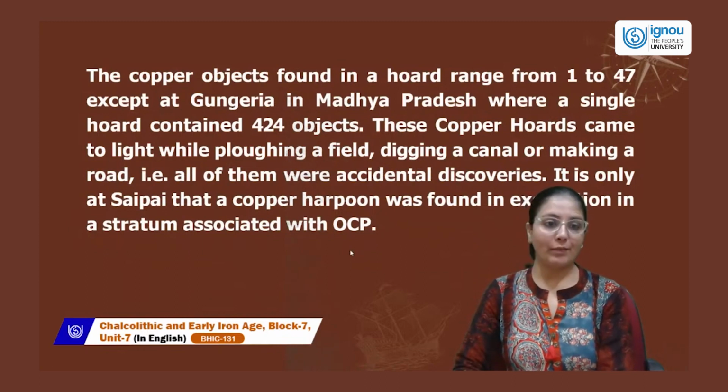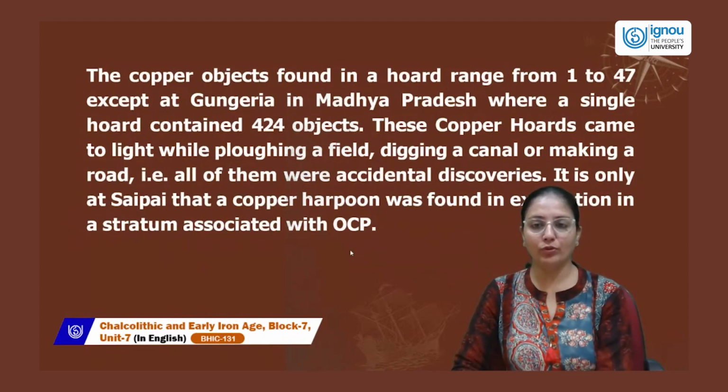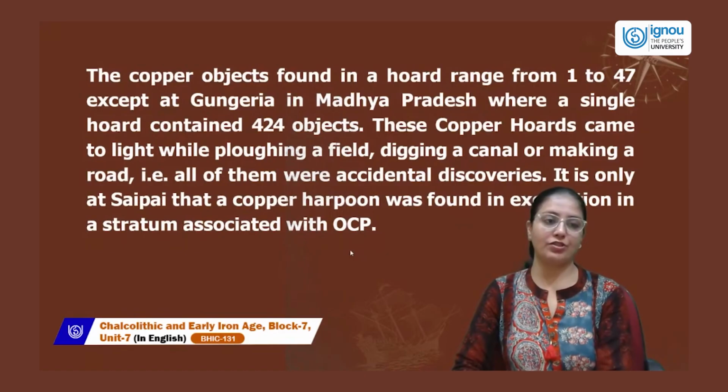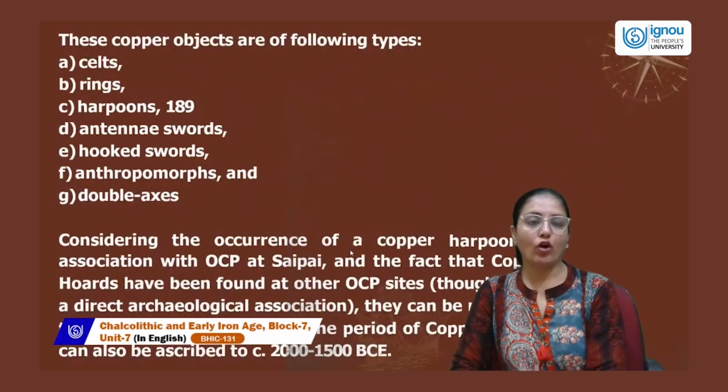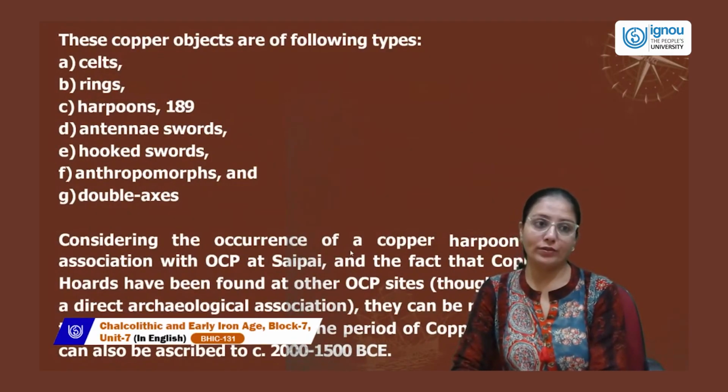It is only at Saipai that a copper harpoon was found in excavation in a stratum associated with OCP. These copper objects are of the following types: celts, rings, harpoons, antennae-hilted swords, anthropomorphs, double axes.